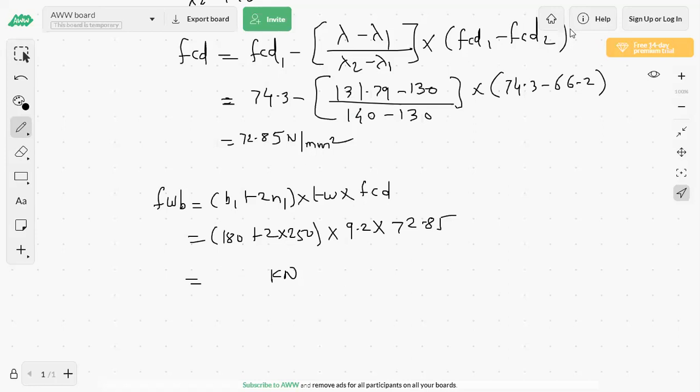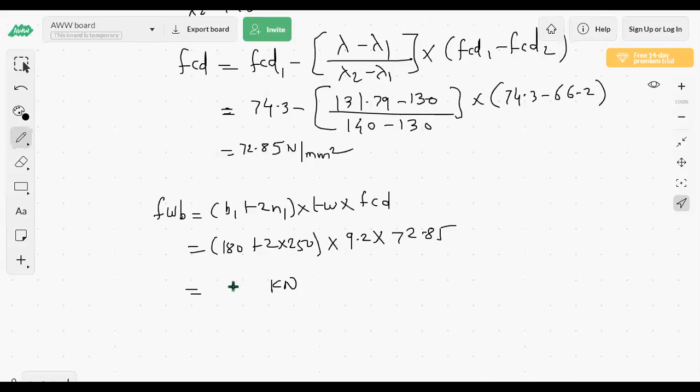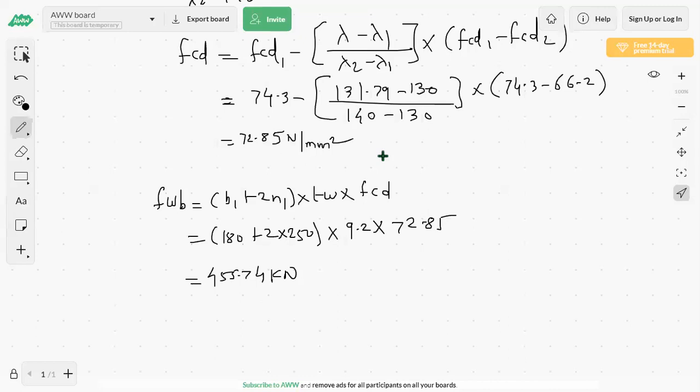How much buckling strength? 455.74 kilonewton. 455.74 kilonewton is the web buckling strength.